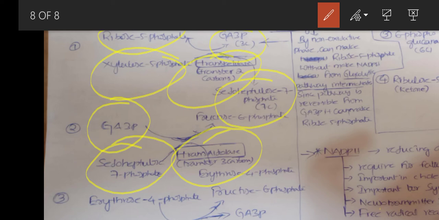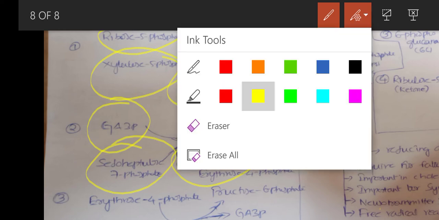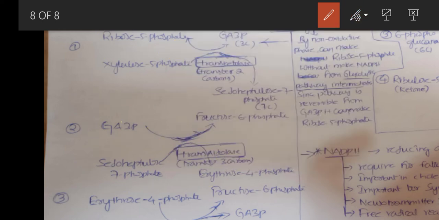So it will transfer 3 carbons. Glyceraldehyde 3-phosphate contains only 3 carbons, so it is not possible to transfer from here. It can transfer from here only. If it is transferring 3 carbons from this sedoheptulose to here, it will form how many? 6 carbon structure, right? This will enter into the glycolysis pathway, right?